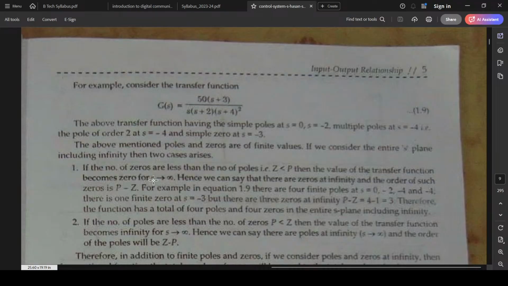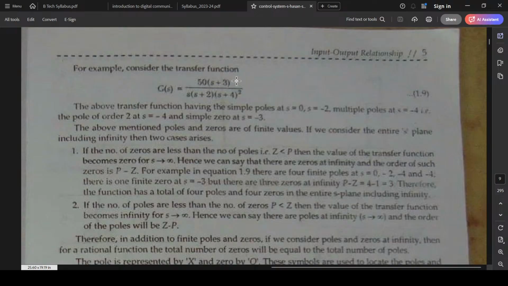So this 50, I think it's K, and this is one factor. This is one factor in the numerator, and this is a square. So this is s square plus 16 plus 8s. We don't have to open the brackets. We can simply write it as (s plus 4)(s plus 4).